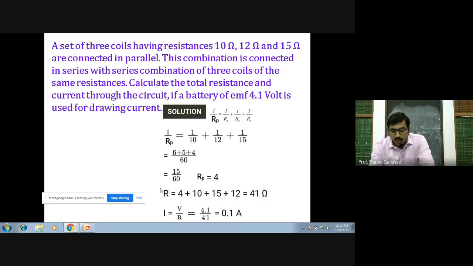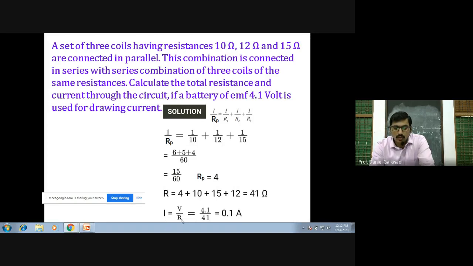Total resistance R is equal to Rp plus R1 plus R2 plus R3. In terms of numbers, 4 plus 10 plus 15 plus 12. So we obtain 41 ohm. Total resistance is our first answer. Effective resistance is equal to 41 ohm.